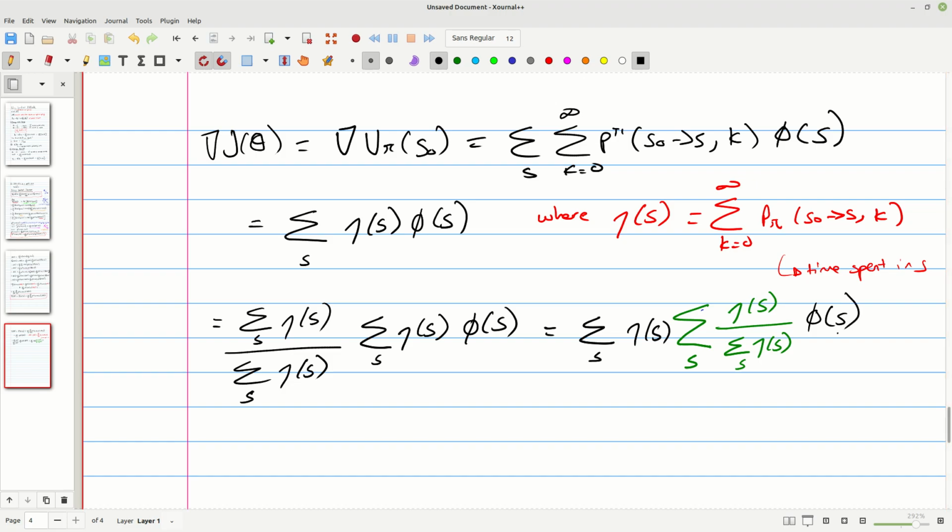So essentially this term, we've converted it into a probability distribution, right?